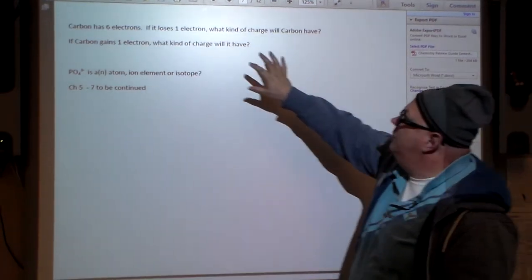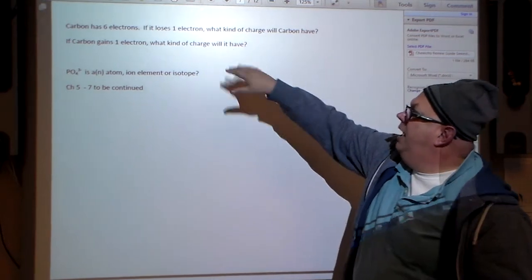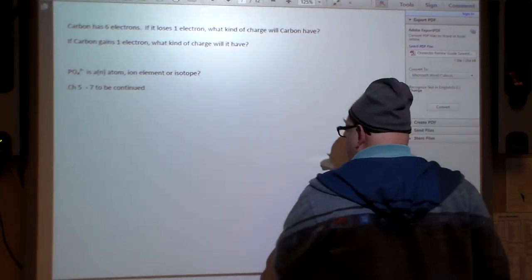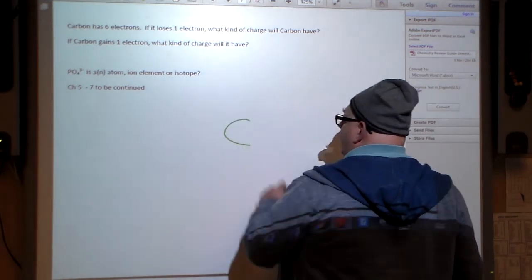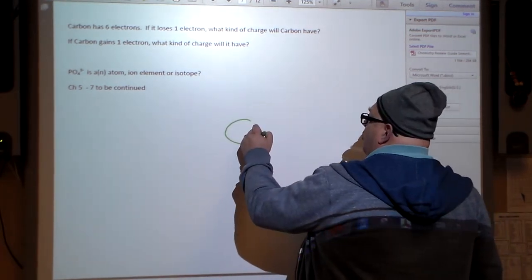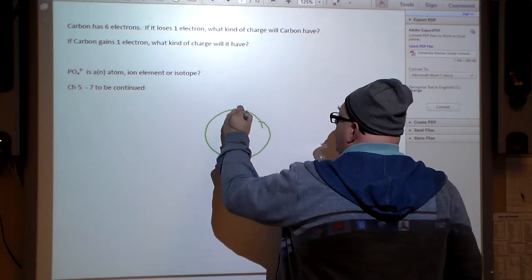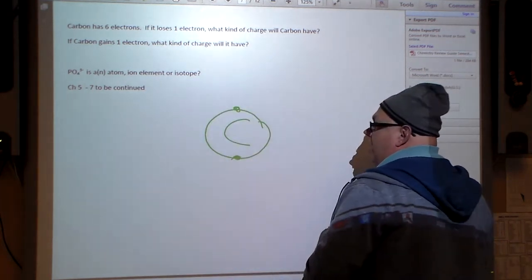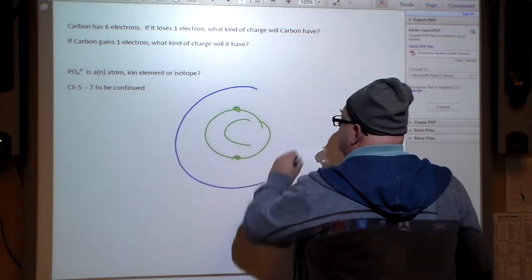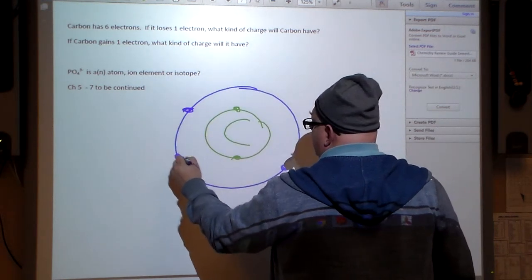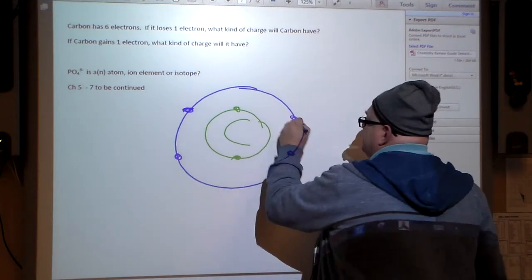All right. So when we look at something like carbon, carbon has 6 electrons. Okay? So carbon has 6 electrons, right? We know that in our first level, our 1s2, we got 2 electrons that are there. Then in our second level, we have our 2s2 and then 2p2.